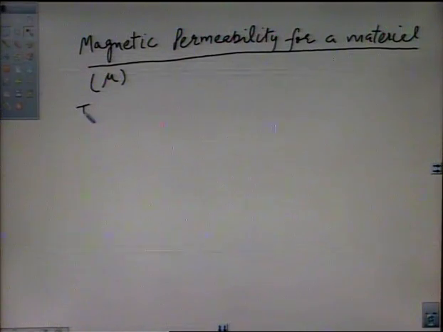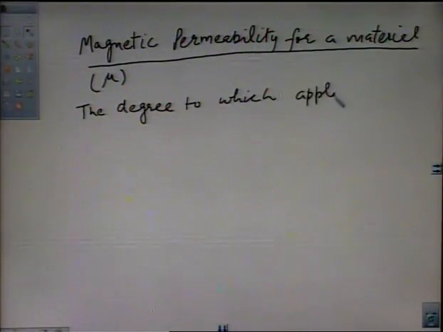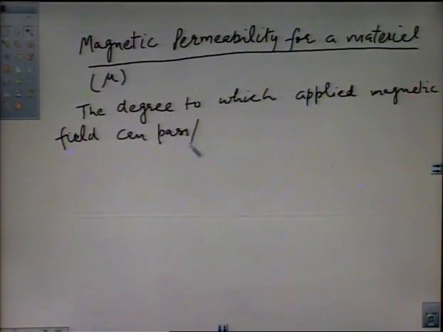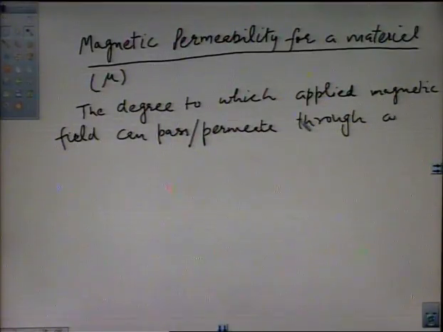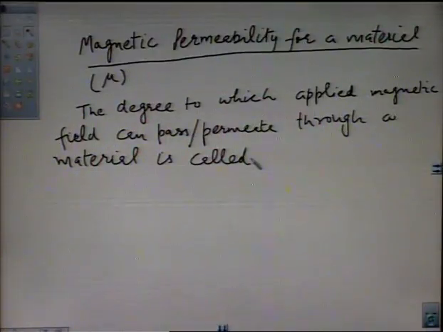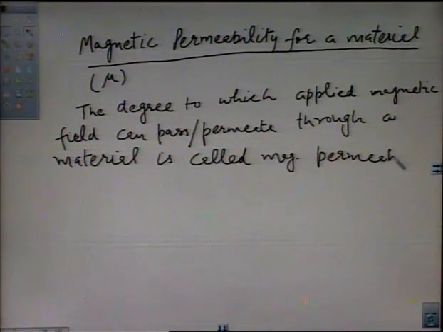This is defined as the degree to which an applied magnetic field can pass or permeate through a material, and it is called magnetic permeability. Its value is different for different materials.